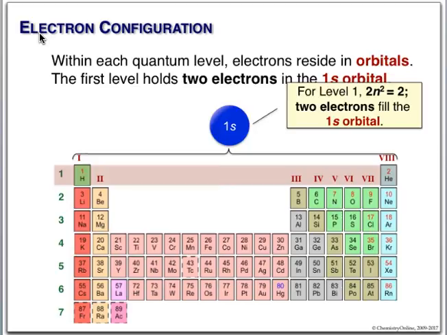Because it's level 1, we can only have 2 electrons. That means we have 1 electron for hydrogen, 1 electron for helium. First energy level, only 2 electrons. The lowest energy orbital is an s, so both of these are in what we call the 1s orbital.